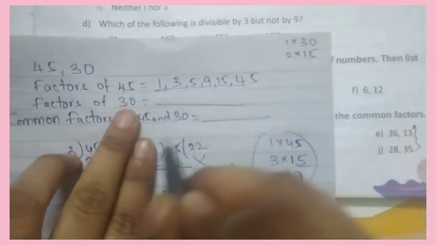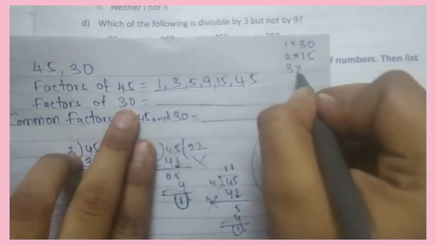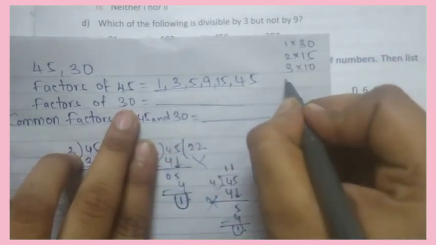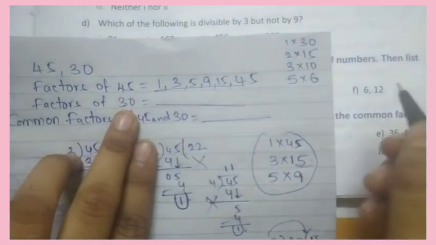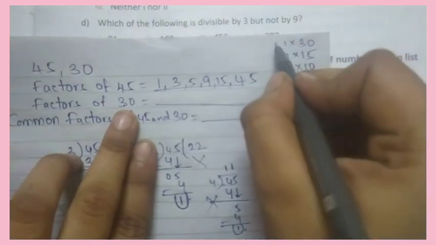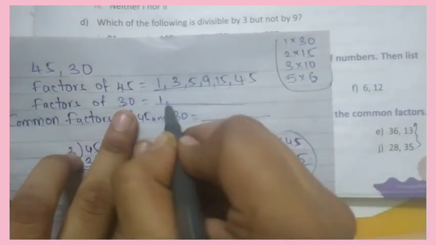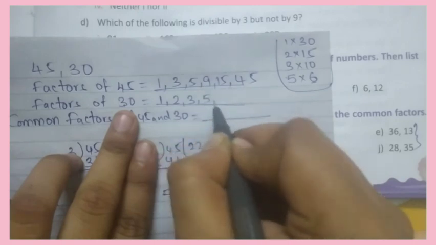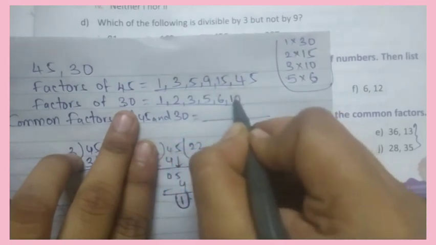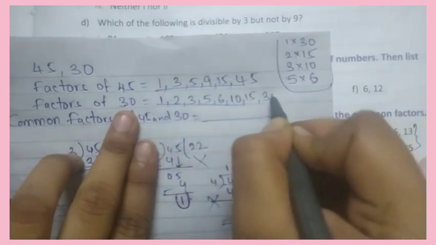Next, 3 10s are 30. In the 4 table we will not get 30. 5 6s are 30. 6 already completed. We will leave here. These are the factors of 30: 1, 2, 3, 5, 6, 10, 15, 30.